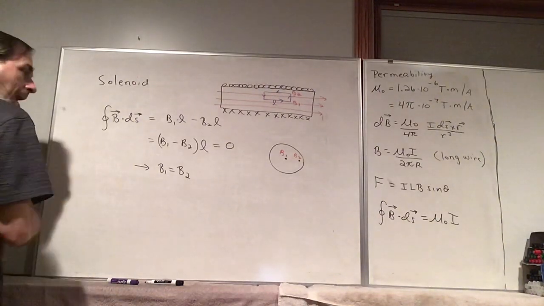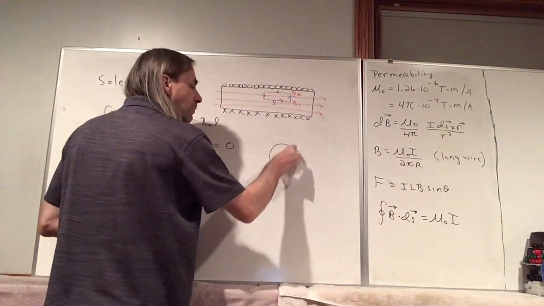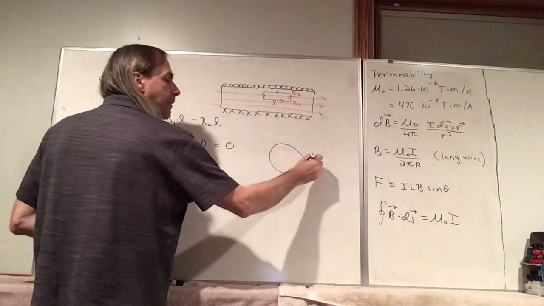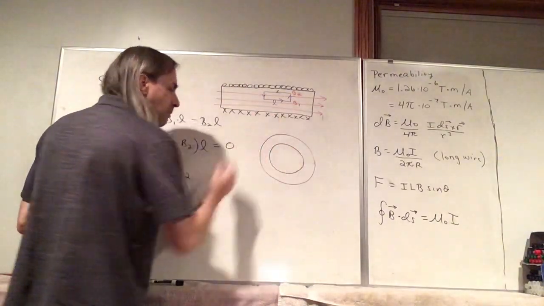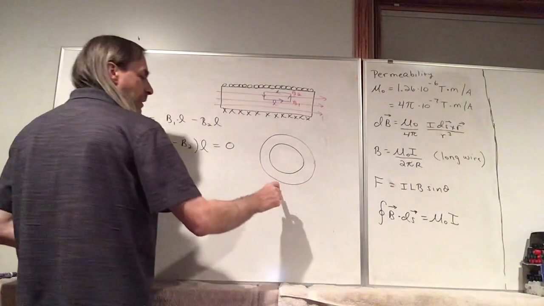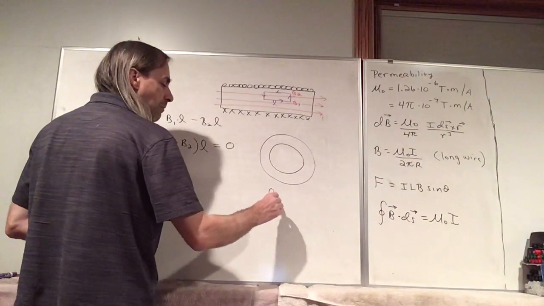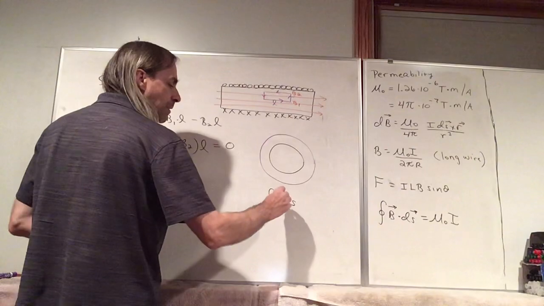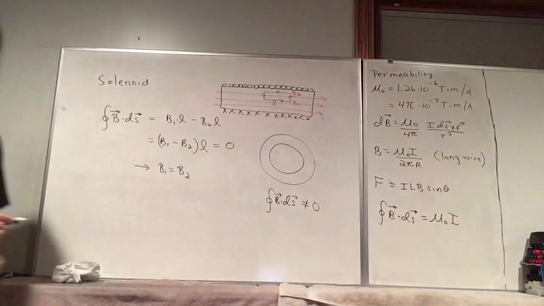Okay, now let's go back to this perspective here, and let's draw an Amperian loop like this. Now, we're not going to do too much with this, but let's look at this integral, B dot ds, and this actually cannot be equal to 0.